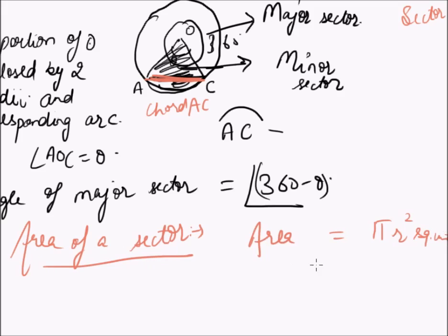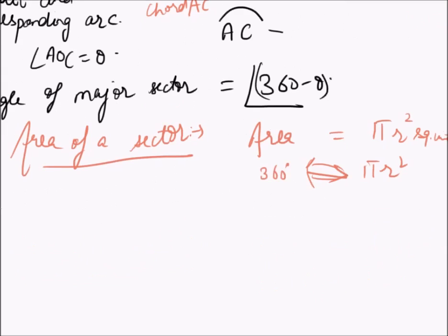Moreover, we have learned this formula in lower classes also. Now this complete circle involves a 360 degree angle. Therefore, for a 360 degree angle, the corresponding area is pi r square. So what for a 1 degree angle? It will be 1 by 360th part.